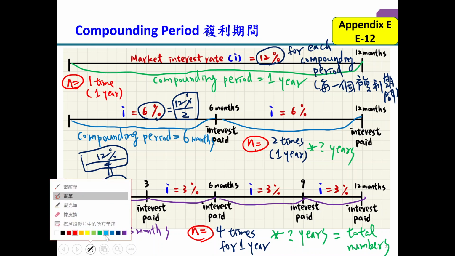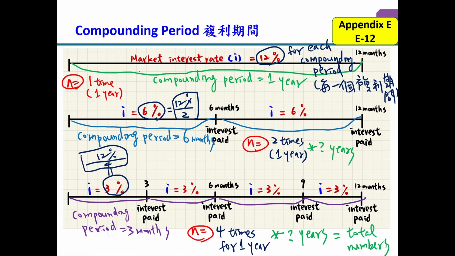Also, you have to consider how many years you have, so multiply by the years. Okay, any questions? So this is how we find your N and your I. If you don't have any questions, please go to your handout on page 9 and find out your N and your I.